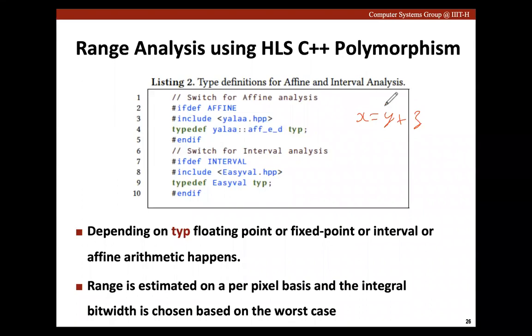But if you make y and z of type interval, and initialize them to, let's say, 0 to 255 each, then when we execute the program, x is also of type interval. The range for x will turn out to be 0 to 510.